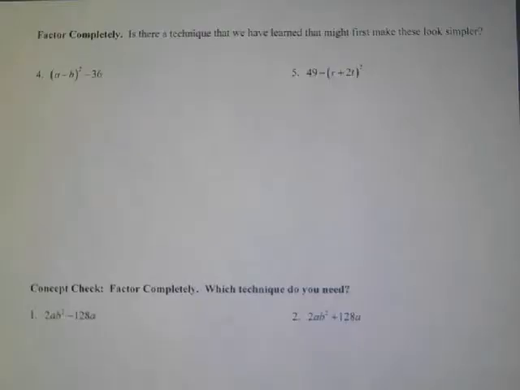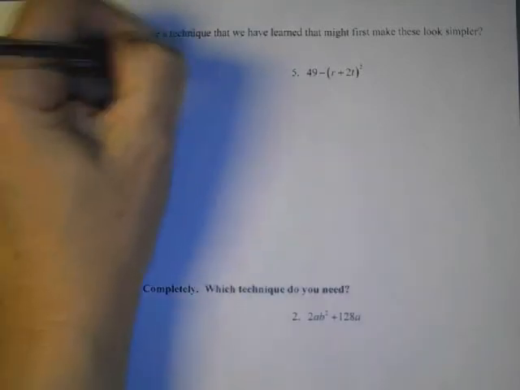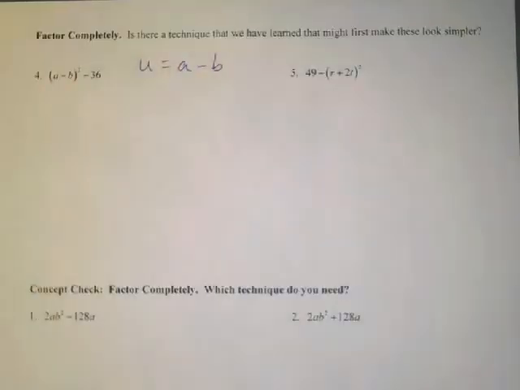Alright, let's look at some difference of squares that appear to be a little bit more complicated. But I bet there's a technique that we have already discussed that might help us. I would say what holds us back on problem 4 is that multiple expression a minus b. Well, how about we use u substitution and take it out for a minute? So I'm going to replace a minus b with u.